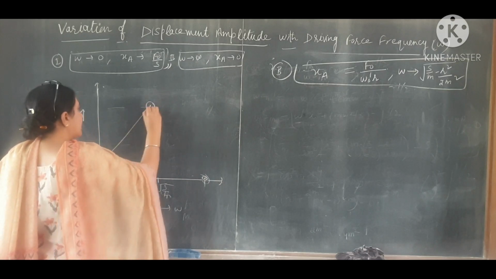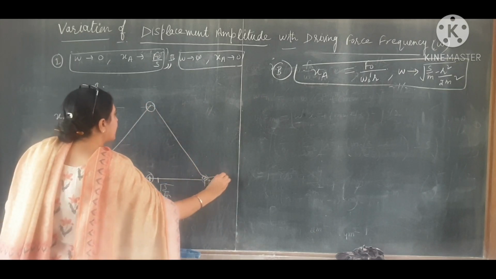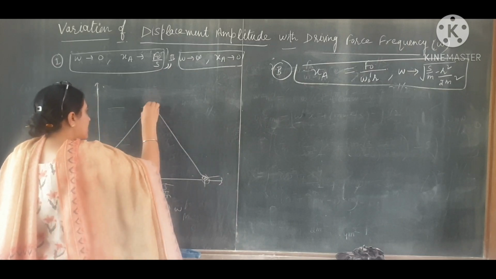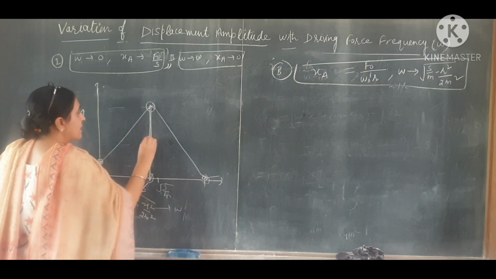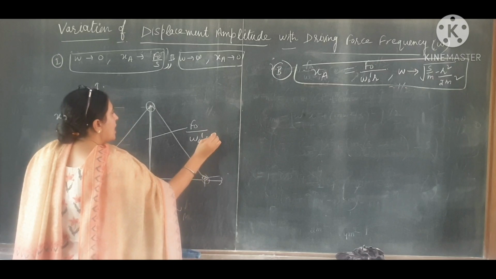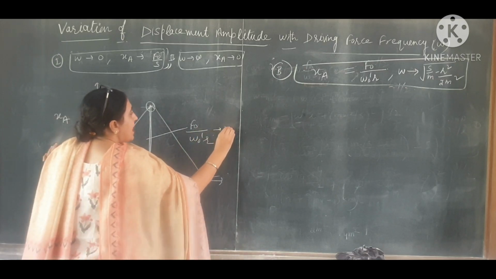So when you plot the graph, it will be like this. This value is f naught over omega naught dash r, the displacement amplitude.